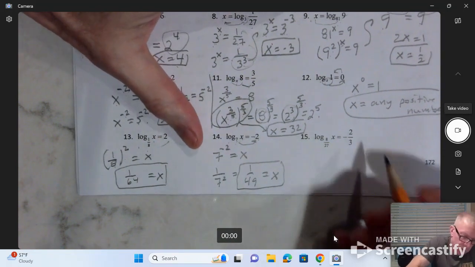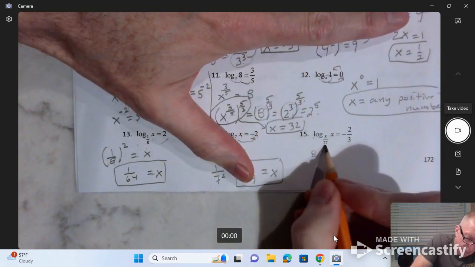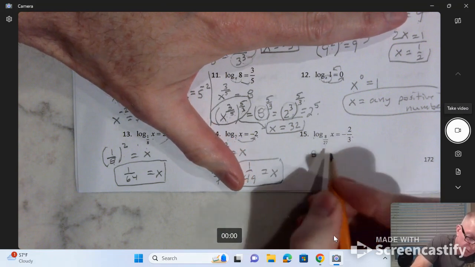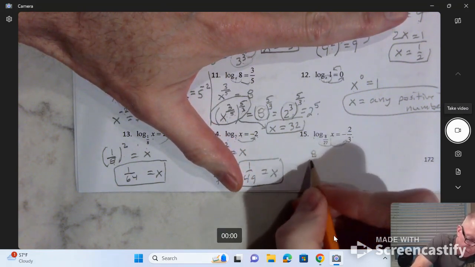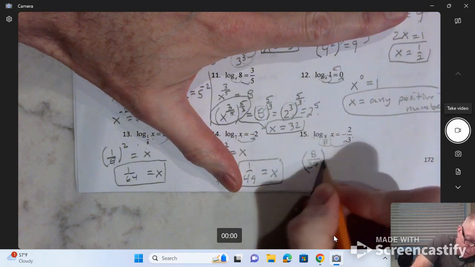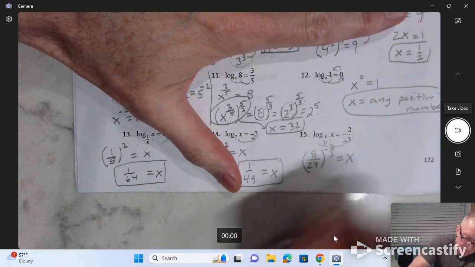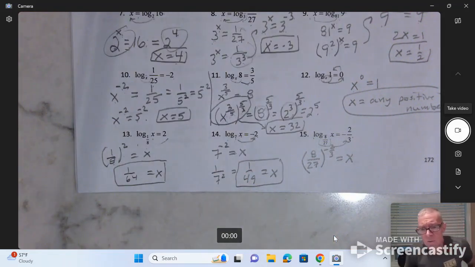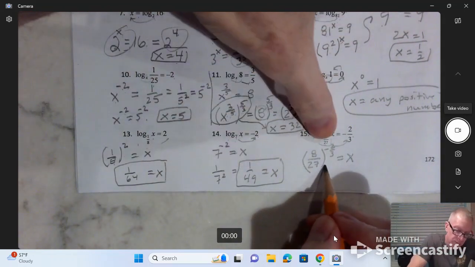Okay, and the last one, 8 over 27. So I've got log base 8 over 27 of x equals -2/3. So that's 8 over 27, my base, raised to the -2/3 equals x. So we've got the x by itself, so now it's just a problem where we're simplifying this expression.